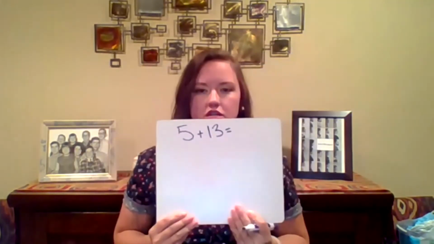All right, let's try 5 plus 13. All right, what's another strategy we can use to solve this? We can draw our pictures. We'll start. How about we use the number line? So let's start with about 13 right here.